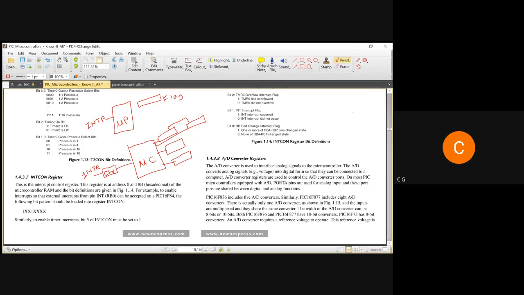So this is a flag, or we can say a flag bit, and the register associated with it, and then it is going to do all these things.